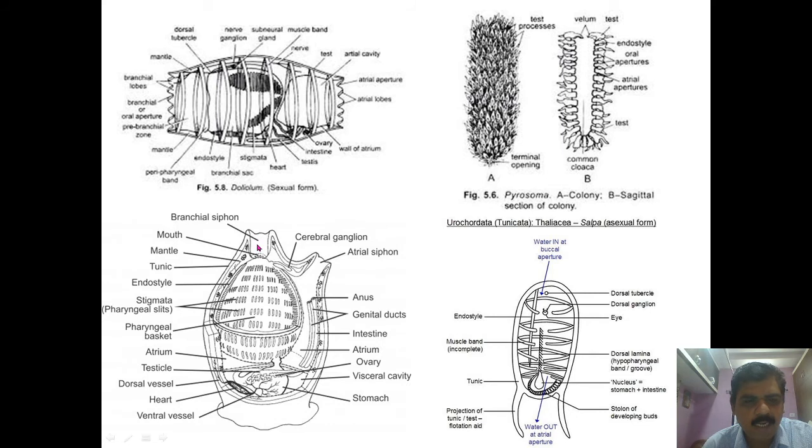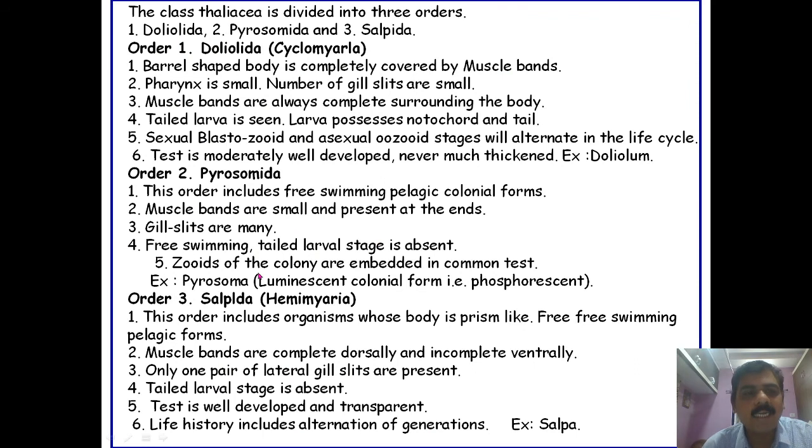It has two siphons, one is a branchial siphon and another one is an atrial siphon. This is a single organism, or the single Pyrosoma, having the testis, ovaries, vessel cavity, stomach, heart, all these organs of the Urochordata. This one is the adult one. Now what are the characteristics of the Doliolida?